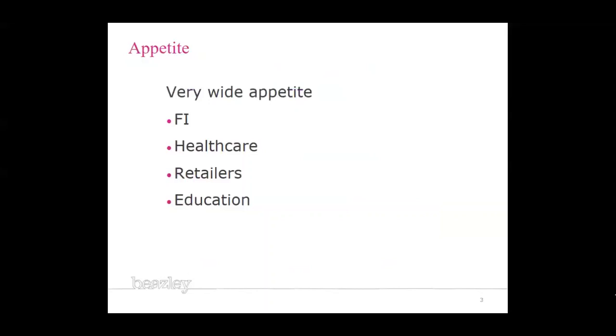And in the more difficult classes, we would include financial institutions, healthcare, NHS, public sector, retailers, some of which are online, and education establishments. These are fairly unusual classes for people to be enthusiastic about, but we have a genuine appetite for these, and so that can be quite useful.